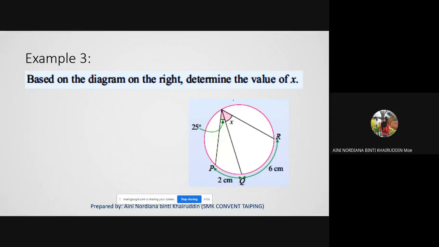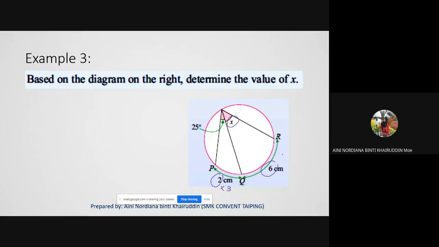Have a look at this. Here PQ 2 cm, QR 6 cm. Angle of arc PQ 25. So what is the value of X? So first, look at the length. 2 and 6 means arc QR is 3 times arc PQ.